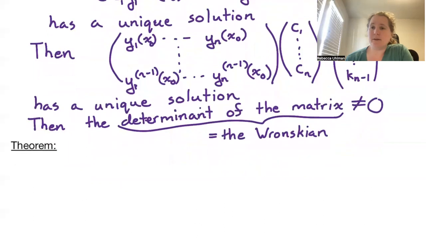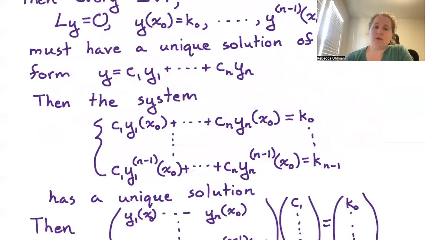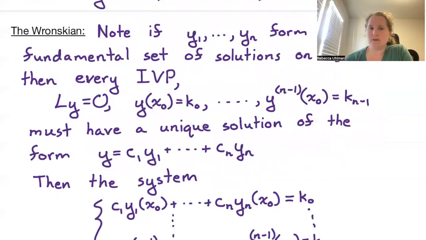So we get a little theorem. This, again, shows where the Wronskian came from, and sort of previews the theorem.